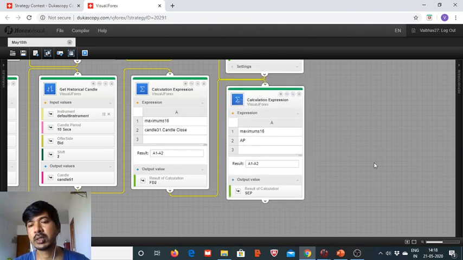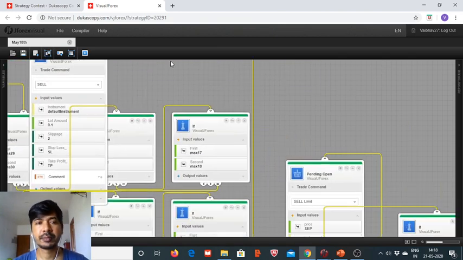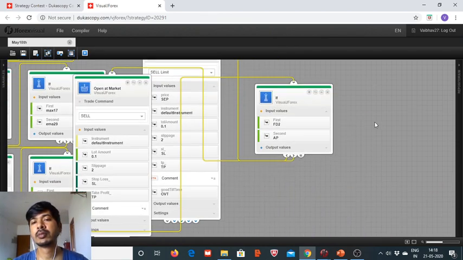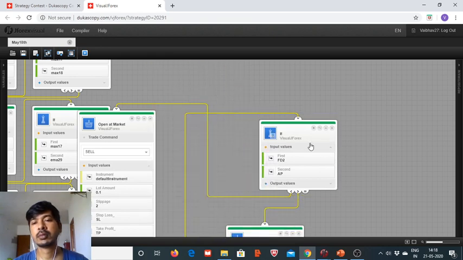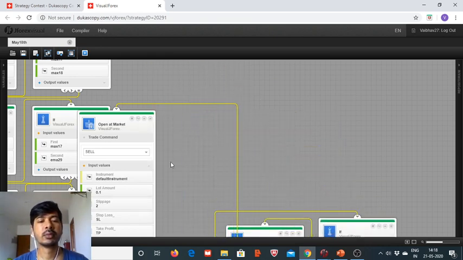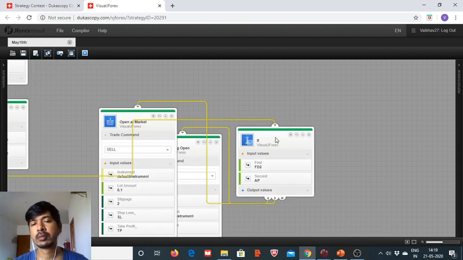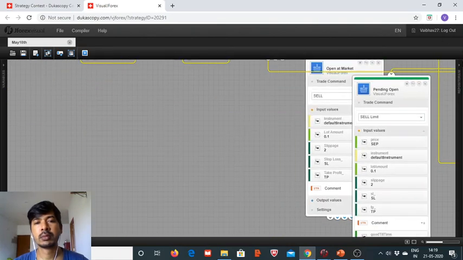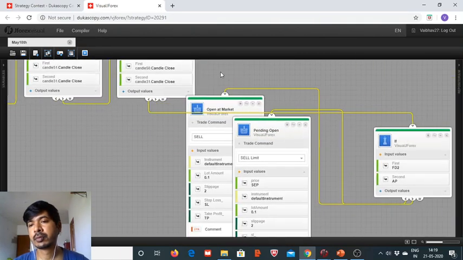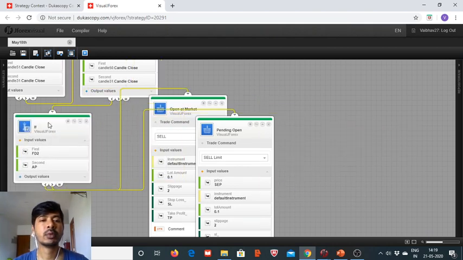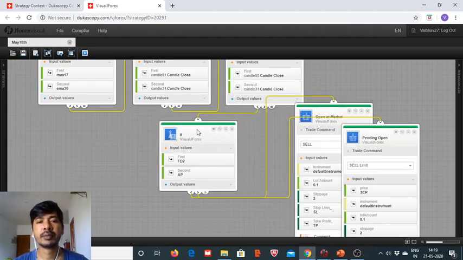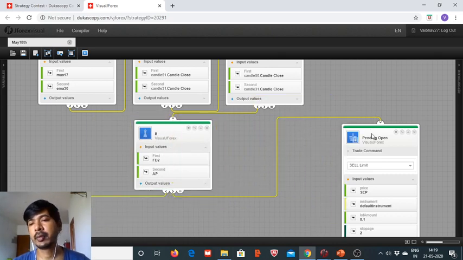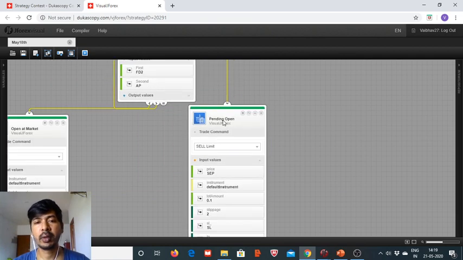No need to change it. Open at market and the pending open.